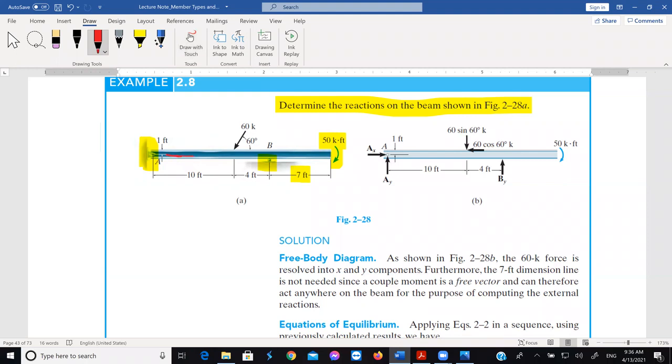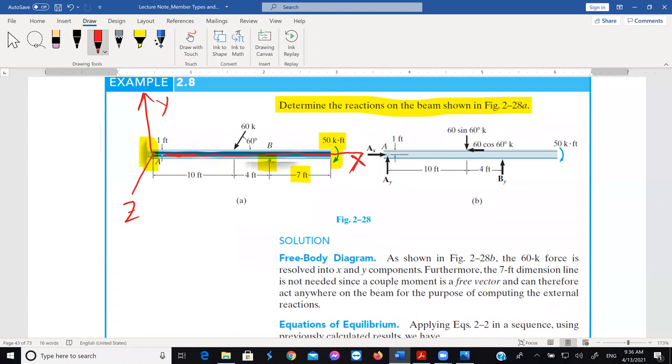We usually use the member longitudinal axis, either x or y axis, for example. So along the longitudinal axis of this member, we orient our x axis. Then y will be just perpendicular to this axis, and z will be perpendicular to the plane of the xy axes. That means perpendicular to the xy plane. So that will be perpendicular to the board we are watching now.